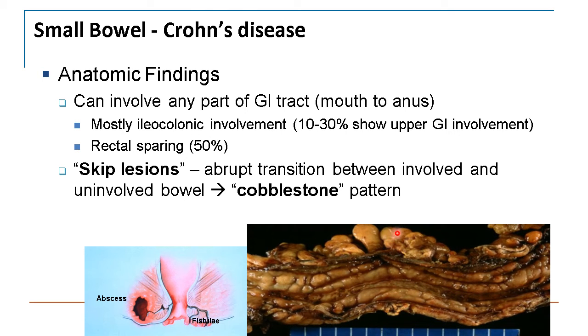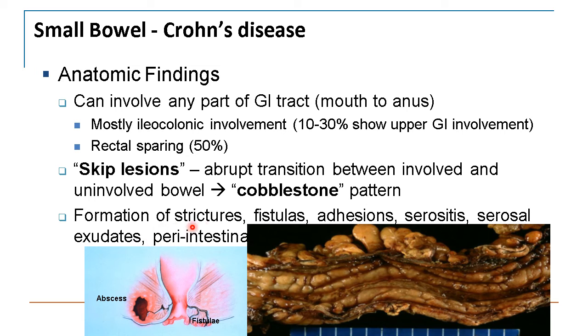These are the cobblestones caused by the skip lesions. Skip lesions, the inflammatory condition, affect part, not a continuum, of the small intestine and escape the other. These are the normal ones, causing the cobblestone pattern.